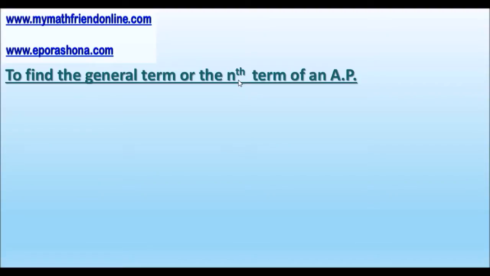The series can be a finite series or an infinite series. So for an infinite series, n can have any value. So we will be trying to find the formula for getting the value of the nth term of an AP.